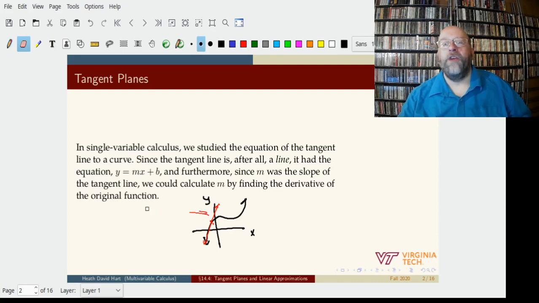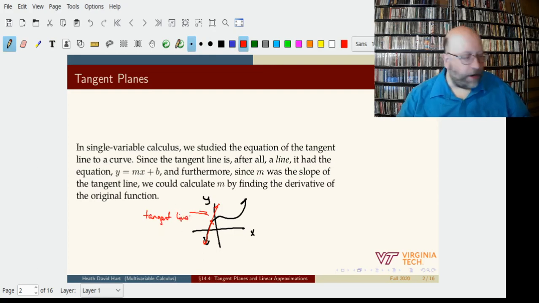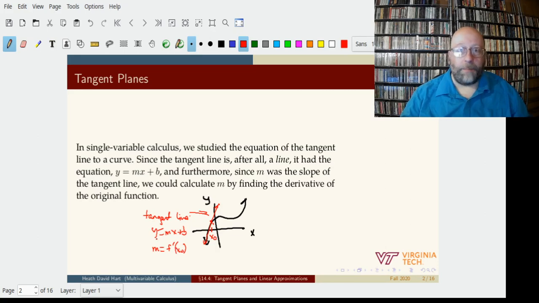And so the equation of the tangent line was, like all lines, we could write it in the form y equals mx plus b, where m is the value of the derivative at whatever x coordinate this is. And then we could find b by plugging in x naught and y naught. So m was the slope of the tangent line, and so we could find m by finding the derivative of the original function. So that's an idea that I'm hoping everybody's very comfortable with.